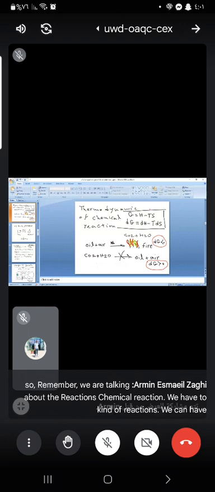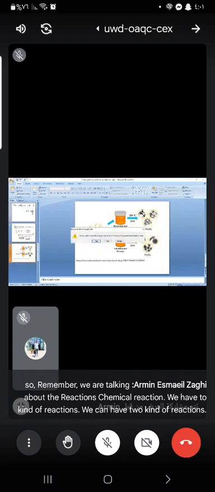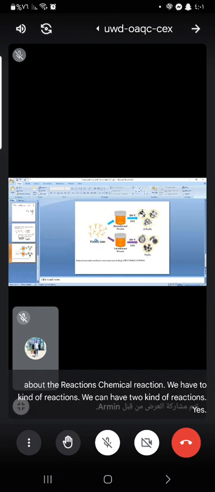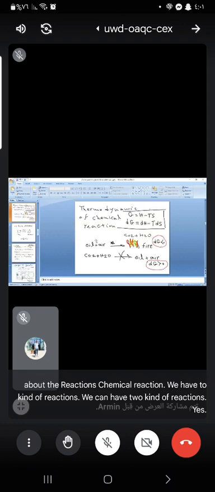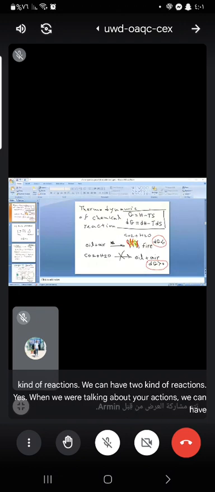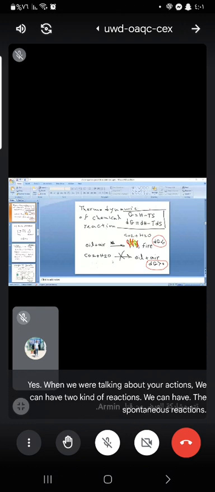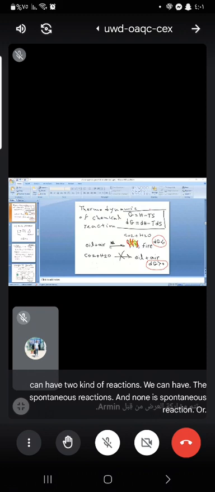We can have two kinds of reactions: spontaneous reactions and non-spontaneous reactions, or irreversible reactions and reversible reactions.